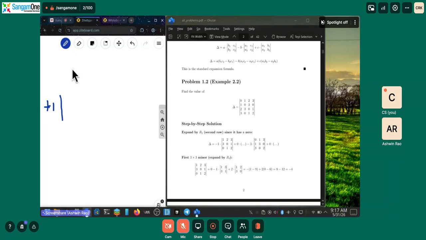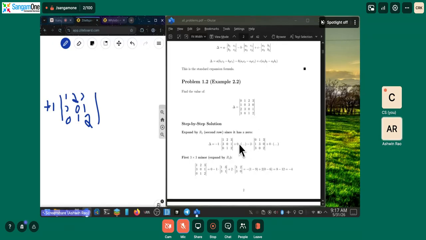Let's write that. 1, 2, 3. Then 3, 0, 1. Then 0, 1, and 2.